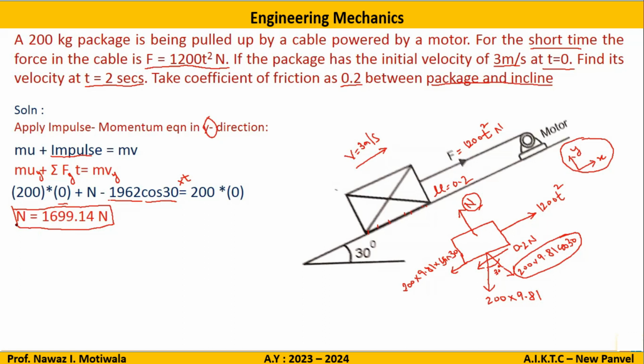Now let us apply impulse momentum equation in x direction. So when I apply impulse momentum in x direction, again I will write the impulse momentum equation, which is mu plus impulse is equal to mv.